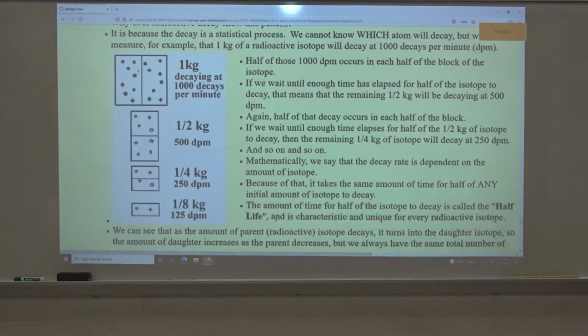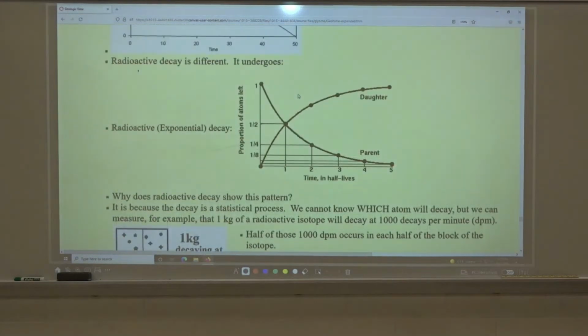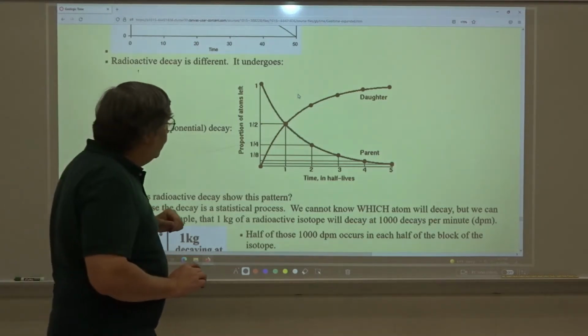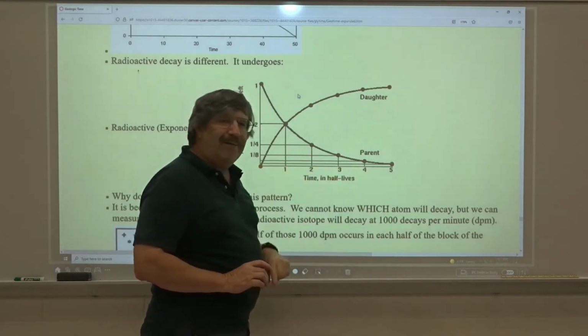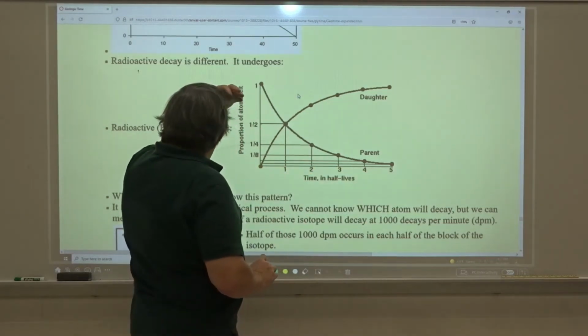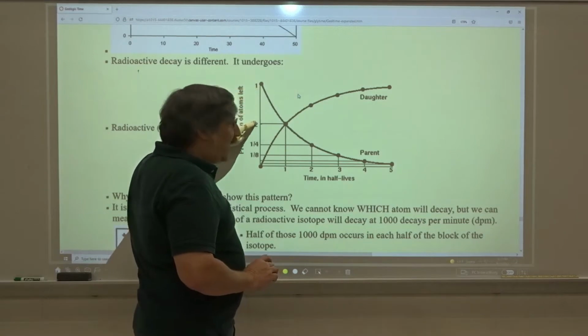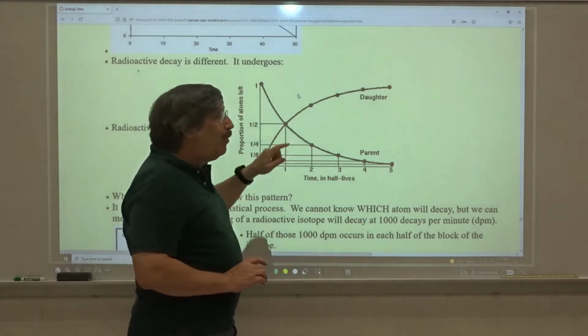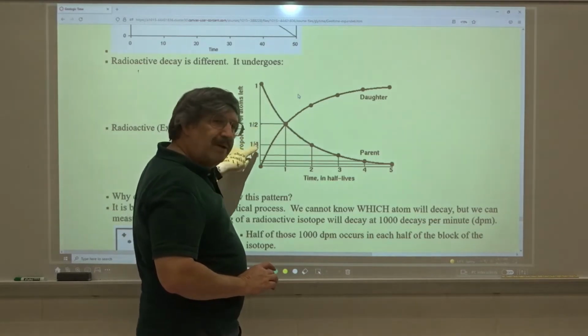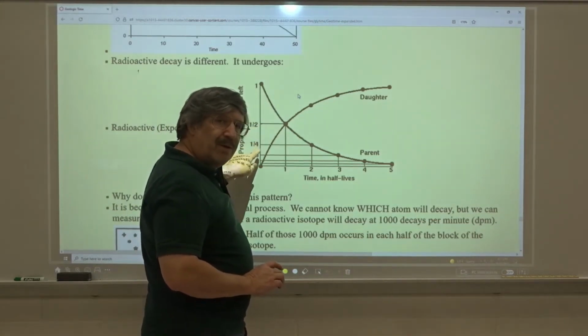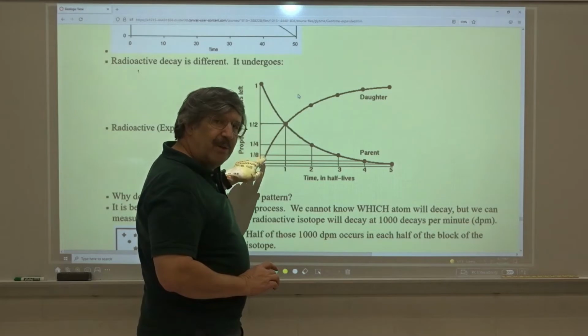Okay, so what this means is that as a radioactive isotope decays, as you go through 1, 2, 3, 4 half-lives and so on, the amount of isotope you have left from when you started goes to a half, then a quarter, to an eighth, to a 16th, to a 32nd.